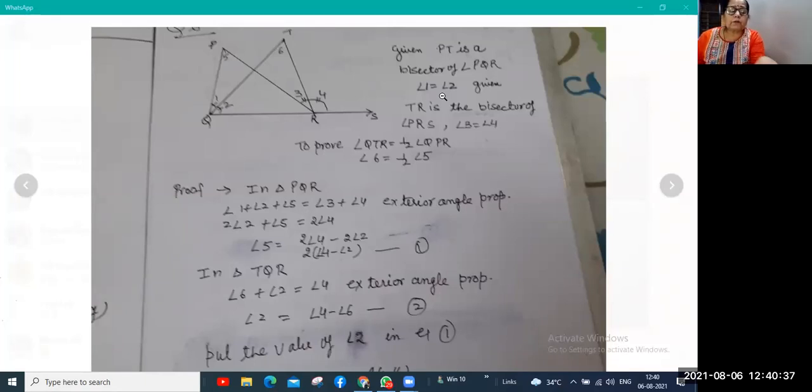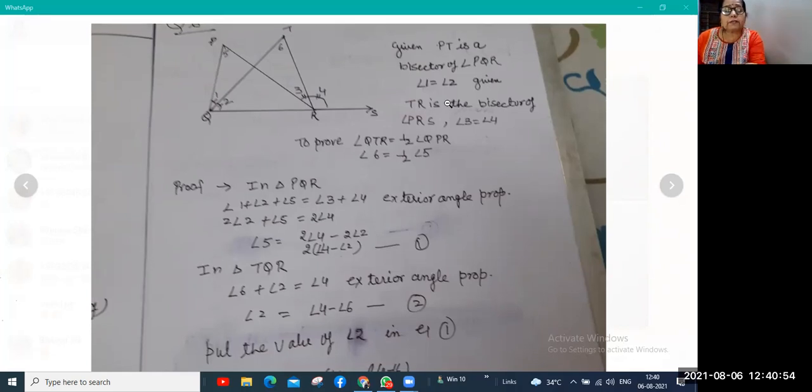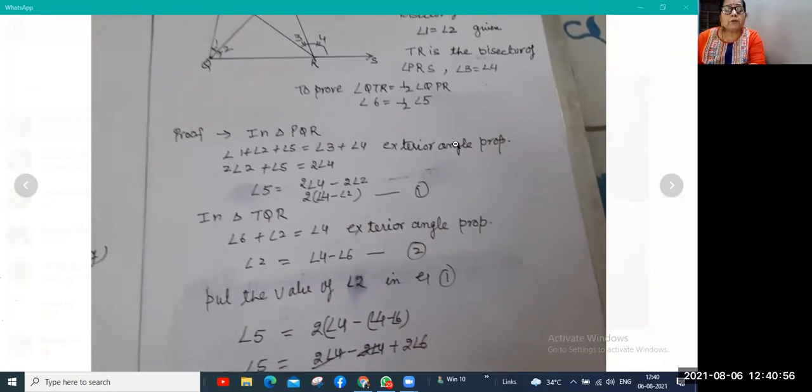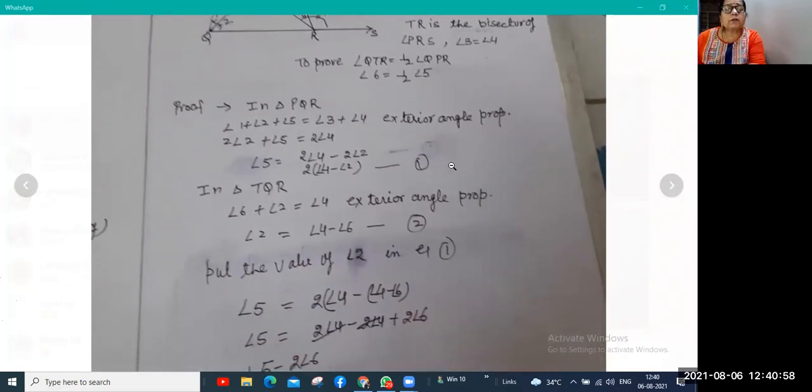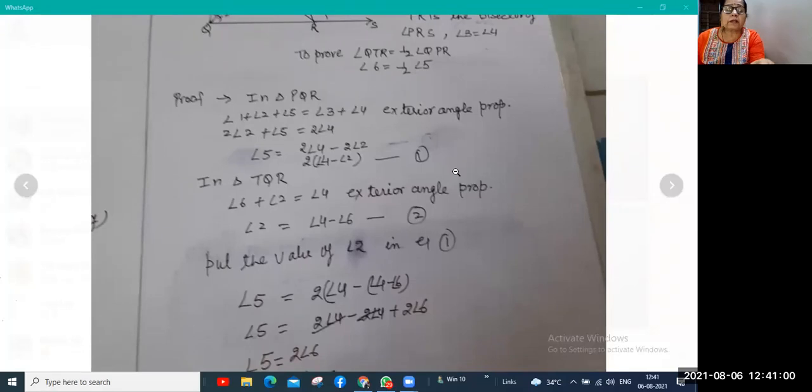Angle 2 will be equal to angle 4 minus angle 6. This is equation number 2. In equation number 1 also we have angle 2, and in equation number 2 also we have angle 2. So we will put the value of angle 2 from equation number 2 in equation number 1.